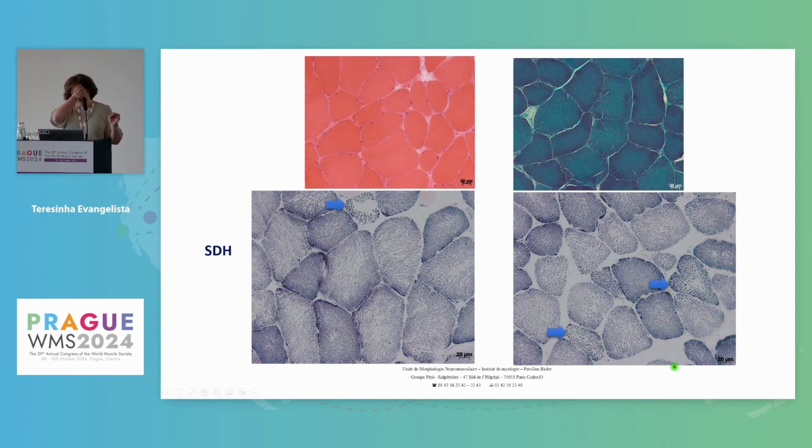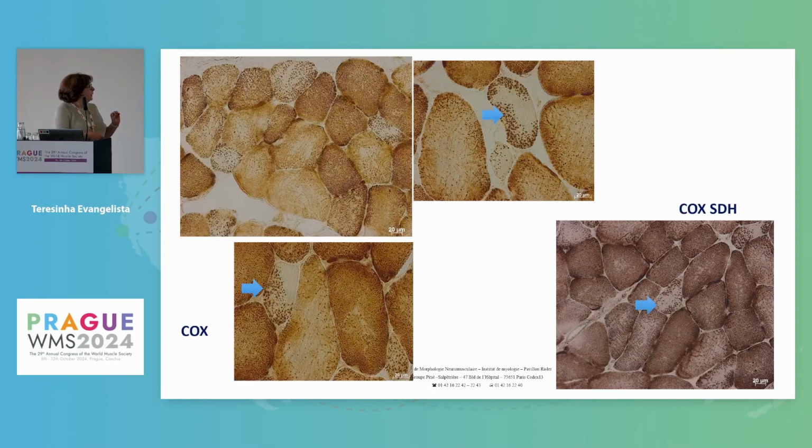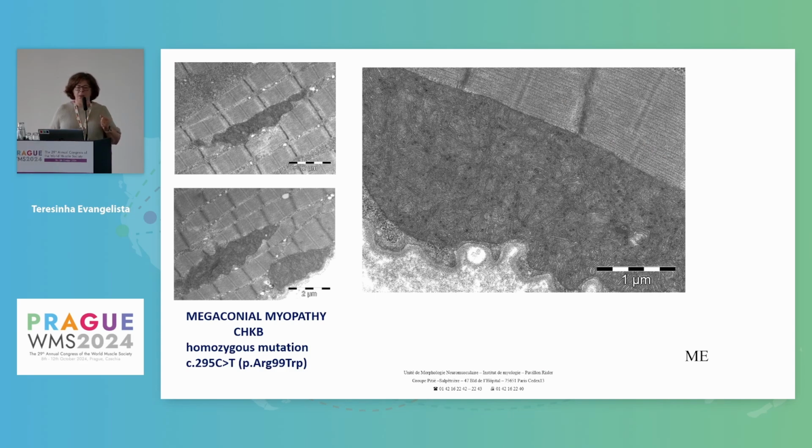So it looks like the mitochondria are quite big. We go to the other stainings for the COX, and it's even more evident. You have parts of the fiber that are not staining, but then little aggregates of COX material, and this one I think is particularly beautiful. You see the same here in the COX-SDH, and this is an electron microscopy for that patient, because Guillaume didn't believe my diagnosis, so I had to prove it to him.